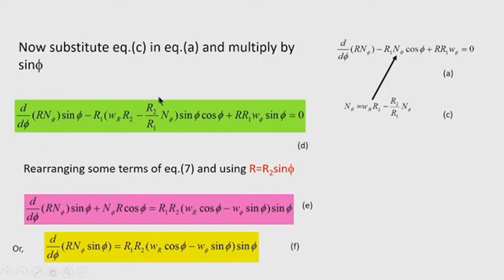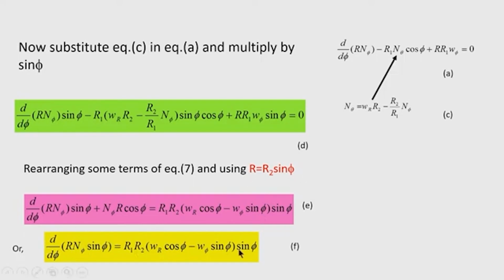So, in some of the equations we have substituted r as r2 sin phi. Therefore, the sin phi term is appearing in some of the quantities. This is due to the change of variable, say r equal to r2 sin phi.